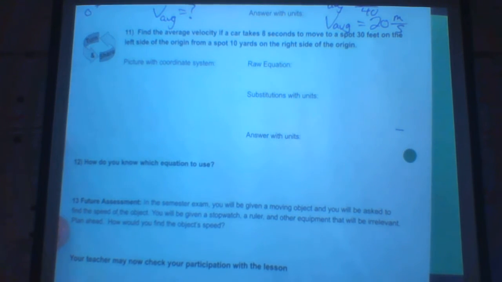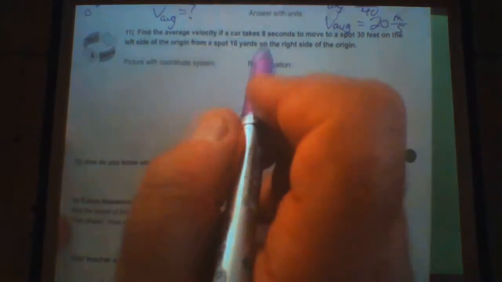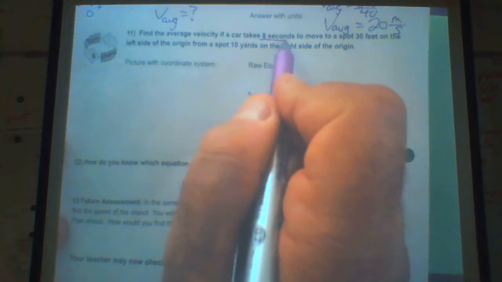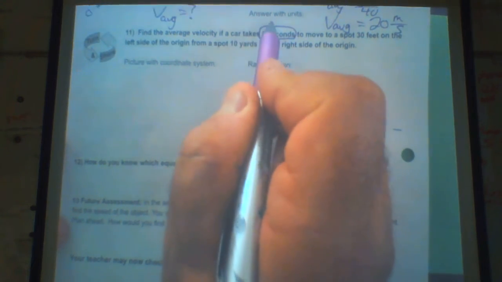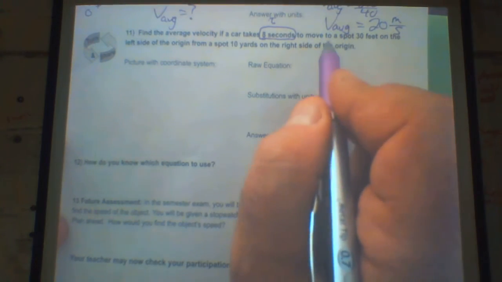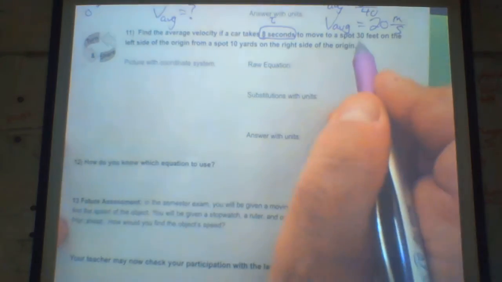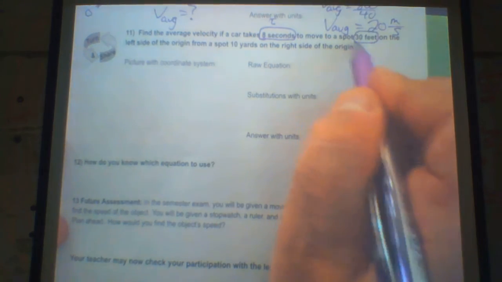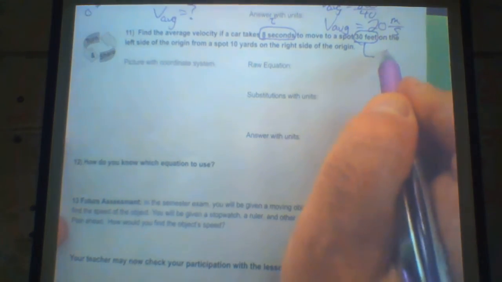Now, this can be kind of tricky if you don't read it carefully, so make sure that you've read it correctly. It takes 8 seconds, that's a time, to move to a spot. So this to a spot, this 30 feet, that is where it ends up.